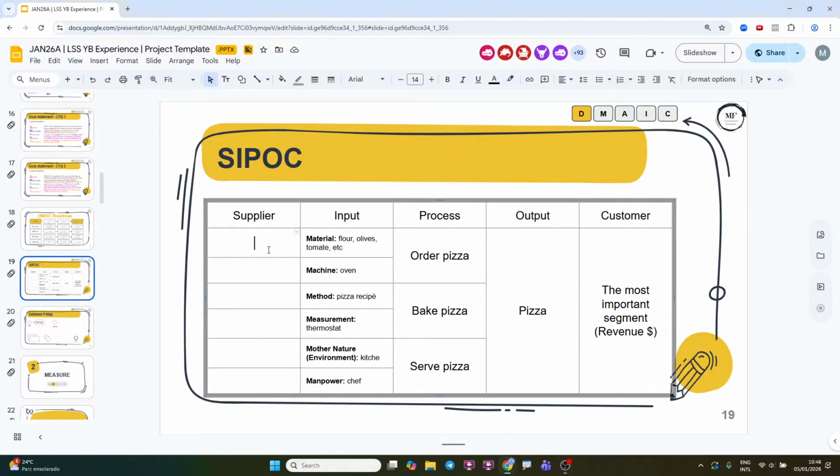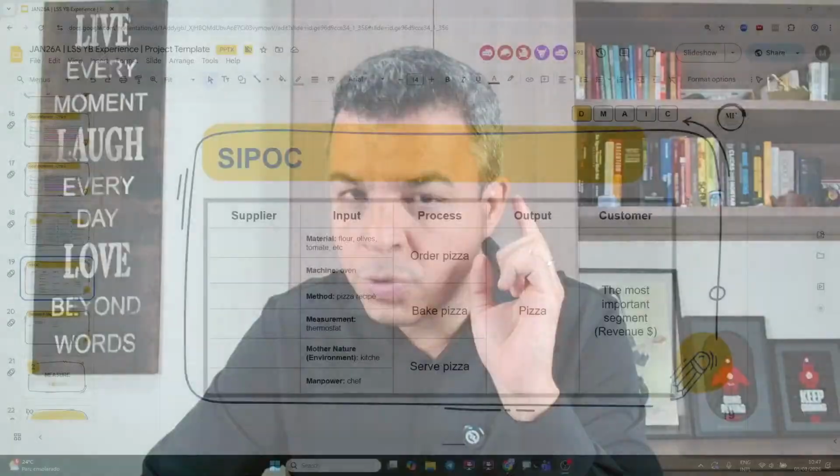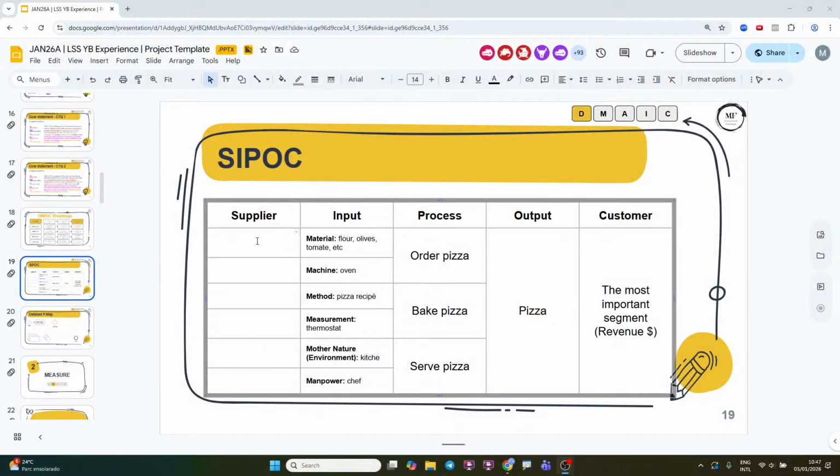And for supplier, I will be putting the immediate responsible person. So for example, for the tomato, I don't talk about the supplier of tomato. I think of, if you have problems with the tomato internally, whom will you be talking to? If I have problems with material in general, I'll be talking to the chef.